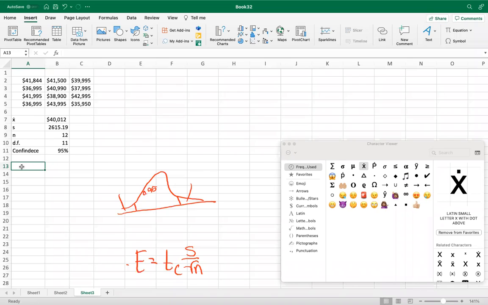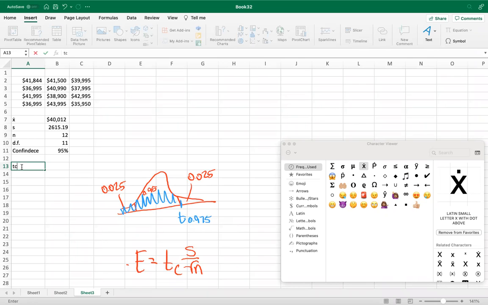So this is going to be 0.025 and 0.025 here as well. Over here, our t value is going to be made up of this area here. So that's going to be t sub 0.975. So here we're looking for t sub 0.975.